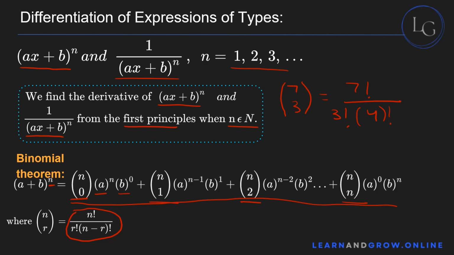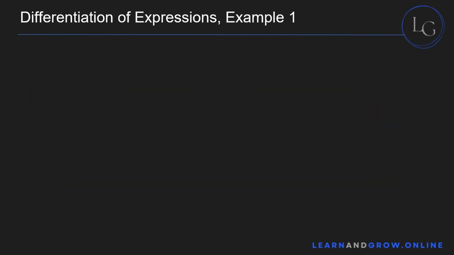As you move on further, the power of a decreases till it reaches 0, and the power of b increases from 0 till it reaches n, and that is the binomial theorem. Also the value of r starts from 0 and ends at n, so the last bracket will be n and n. So this is covered.